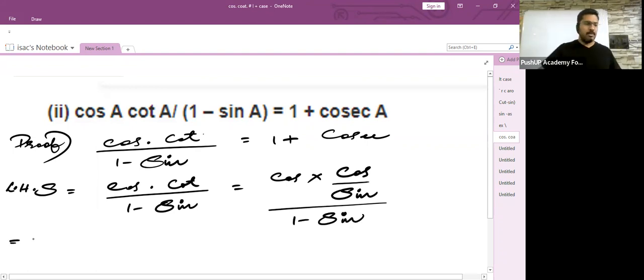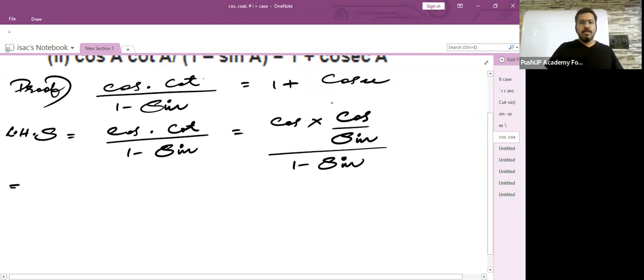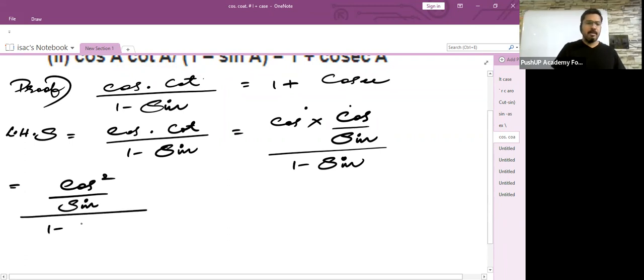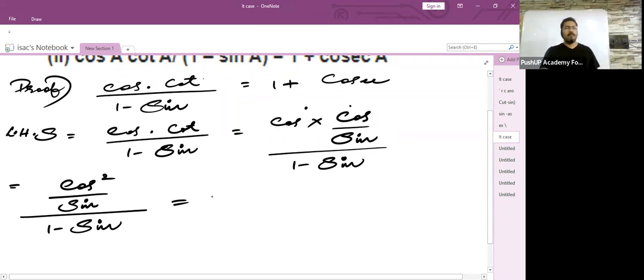Now, what is cos into cos? Cos square. So you can write cos square divided by sine, the whole divided by 1 minus sine.